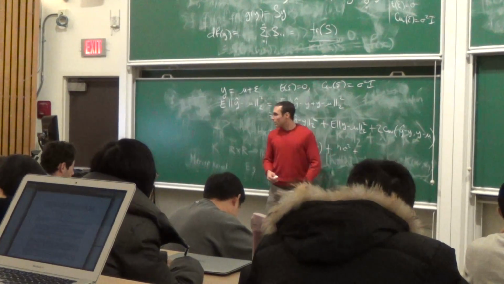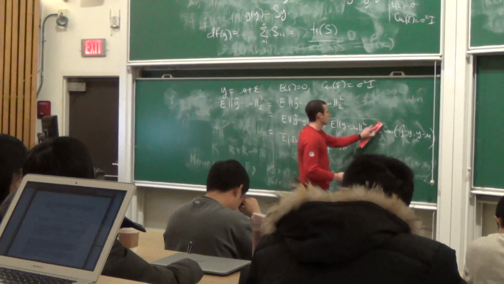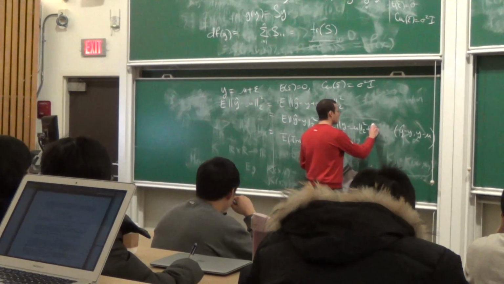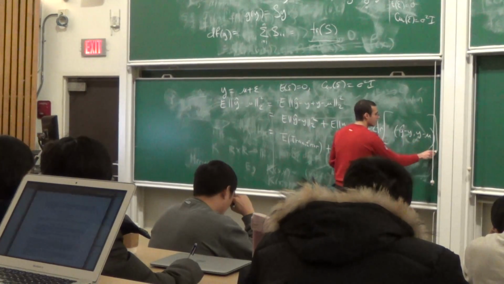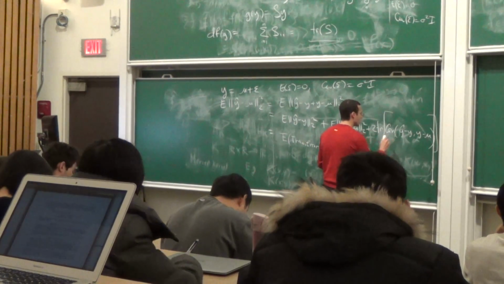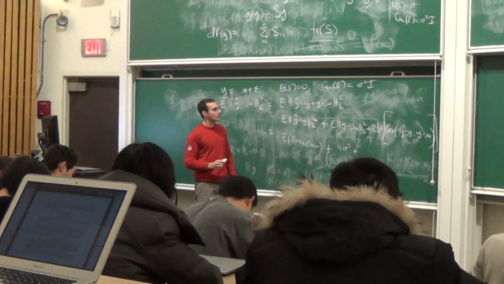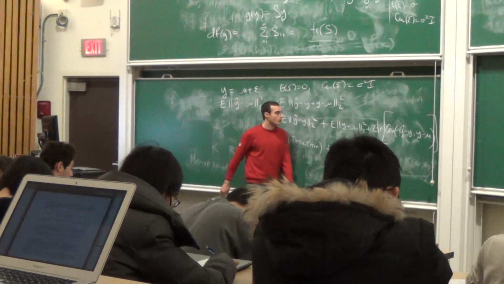This one, that was a little sloppy. I didn't write that correctly. There should be a trace here. This is plus 2 times the trace of the covariance between y hat minus y and y minus mu. This can't be just the covariance because that's a matrix.